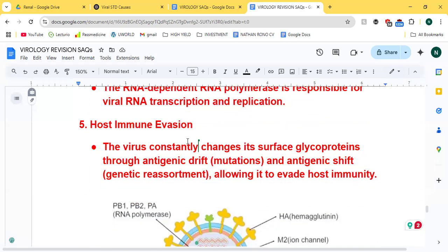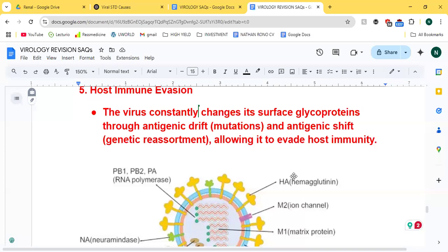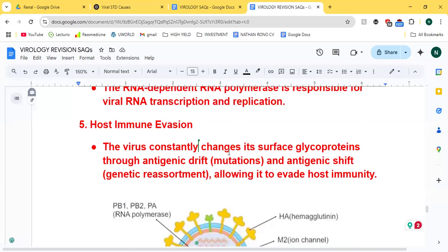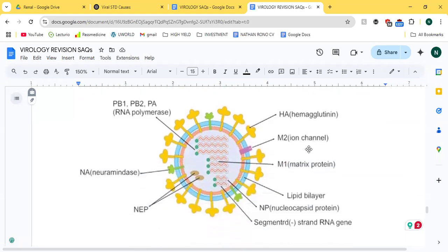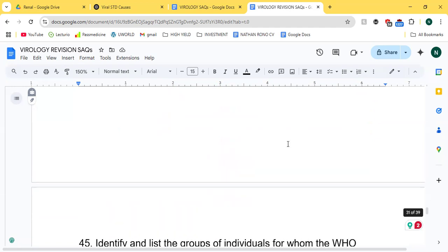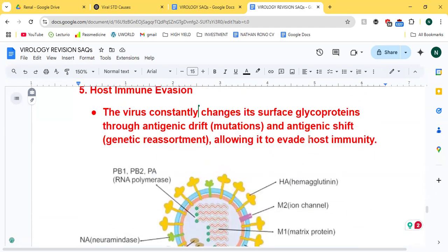So here is host immune evasion through those two mechanisms, antigenic drift and antigenic shift. The virus constantly changes its surface glycoproteins, the hemagglutinin and the neuraminidase, through antigenic shift and antigenic drift, allowing it to evade host immunity. Are we clear? Okay.